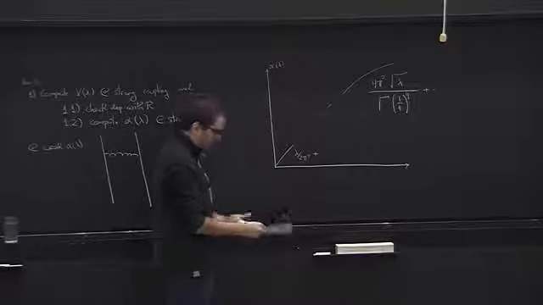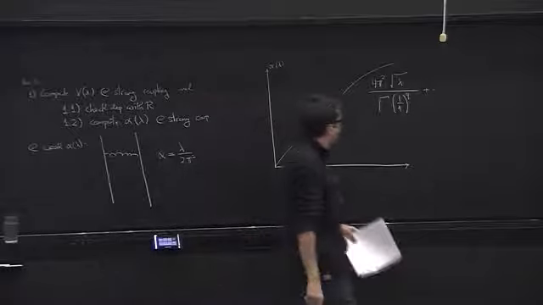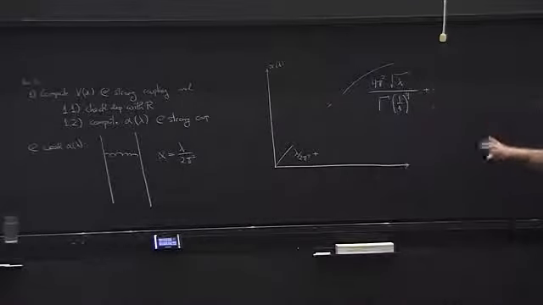So this is what you are asked to do, to sketch this plot, to compute at strong coupling, to draw the line at weak coupling, and just draw some sketch like this.